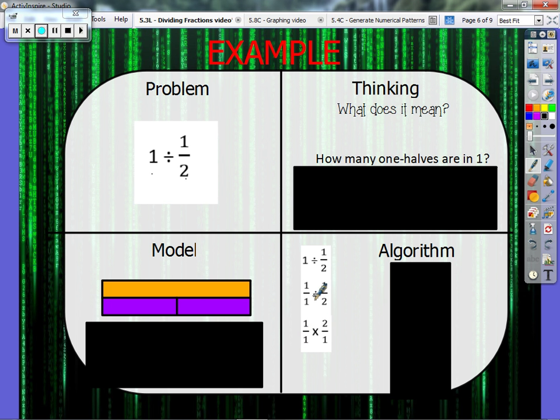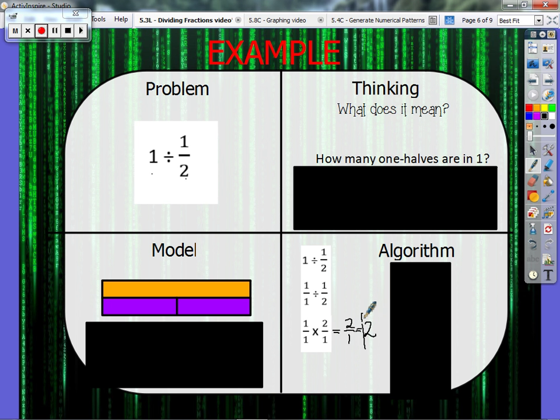We change division to multiplication, and we flip 1/2, and now we have 2 over 1. And we solve. 1 times 2 is 2. 1 times 1 is 1. Remember, a fraction is the same thing as a division problem. It's pretty much saying 2 divided by 1. And when we divide 2 by 1, we get 2.